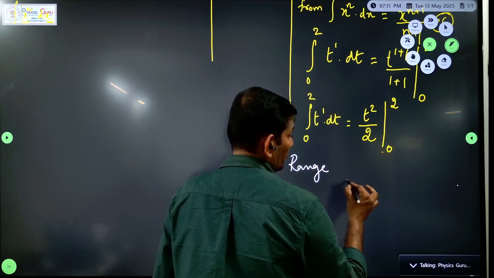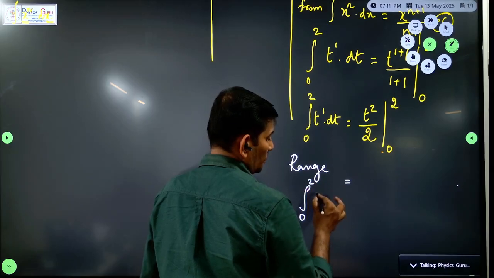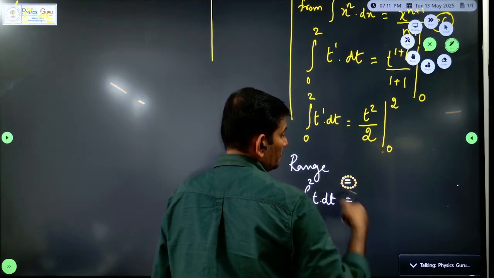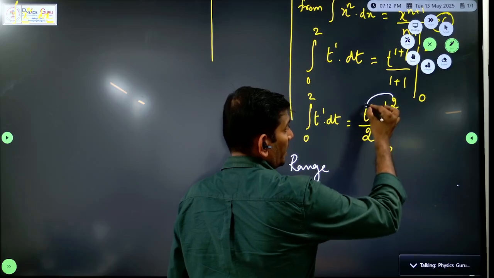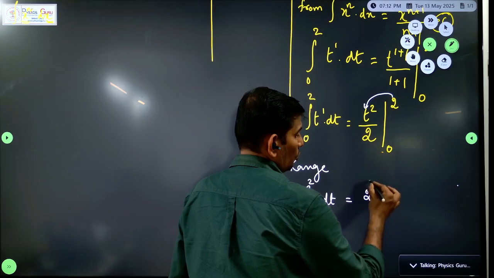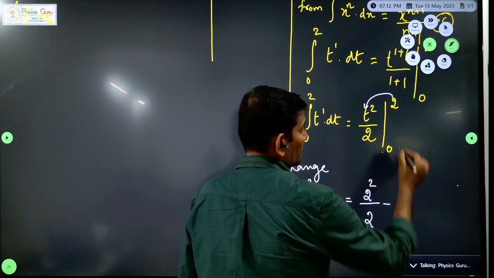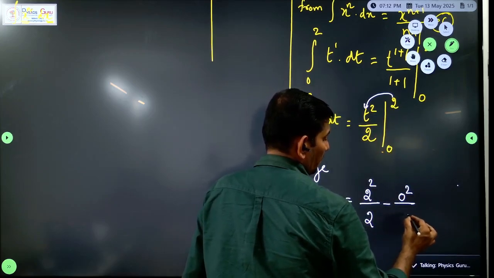Range is equal to, that is integral of 0 to 2 t dot dt equals t to the power 2 by 2. In the place of this t, you have to substitute the upper limit first: 2 to the power 2 by 2 minus lower limit 0 to the power 2 by 2.